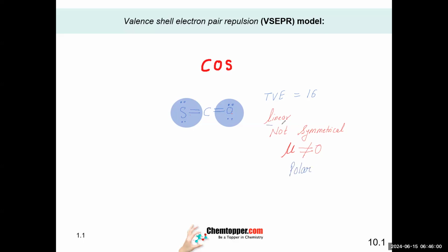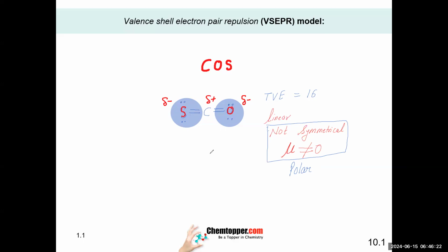Now let's try to understand why, not symmetrical, dipole moment is not equal to zero. Okay, check here. This is oxygen. This is sulfur. Oxygen and sulfur are more electronegative than carbon. We know that, right? So this is how the charge separation will take place.